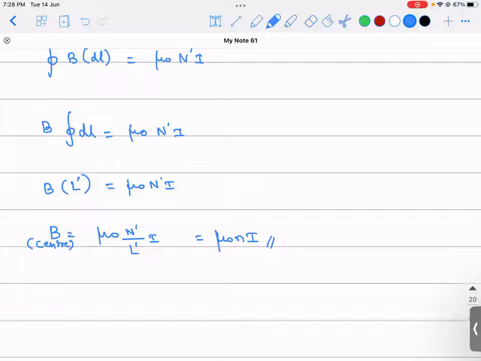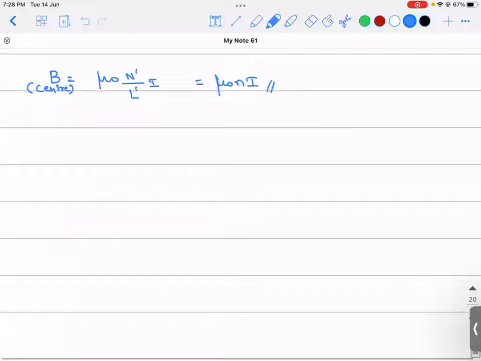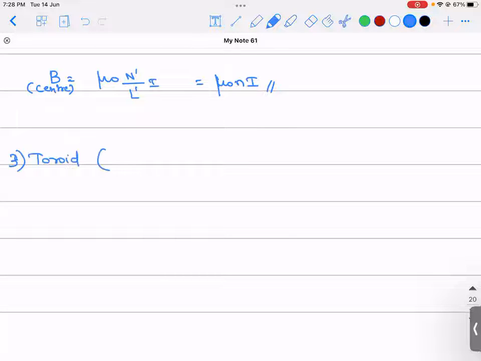Done. So the last application that is left out in this chapter is magnetic field due to a toroid. And the last one is the toroid. So it is a circular solenoid.